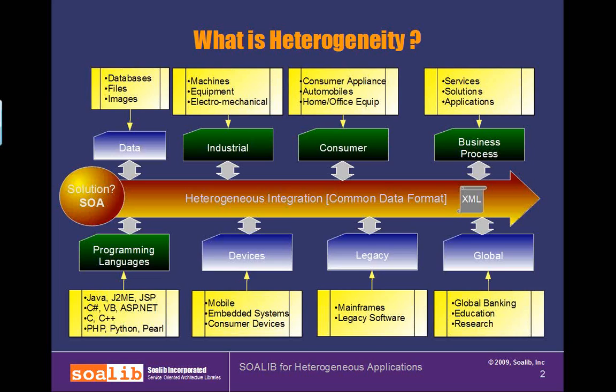On the bottom left corner we have programming languages; multiple programming languages can send XML data. Devices, such as mobile, embedded systems, and other consumer devices, can all pass through this heterogeneous medium. Legacy and global applications can also do that.